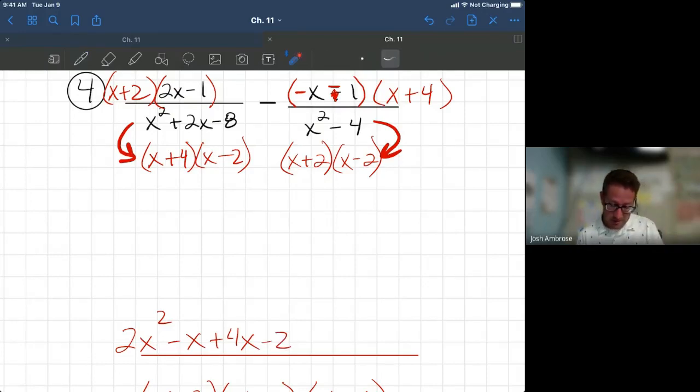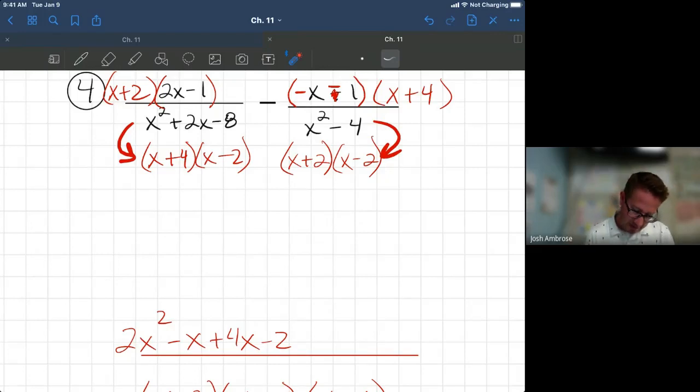And what you should see, let's take a pause, is we have common terms right here. -x and positive 4x, they are like terms that can be simplified. So let's do that. All right, we're going to simplify it.